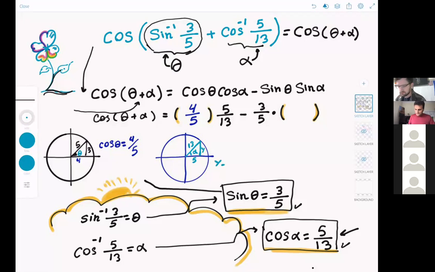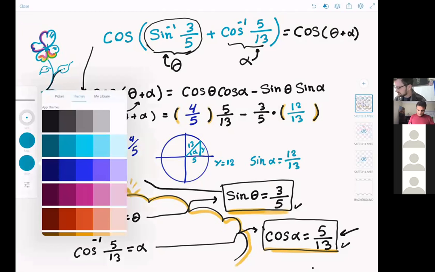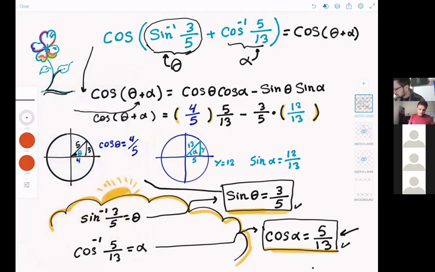If we use the Pythagorean theorem, it gets 12. 5, 12, 13 is the Pythagorean triple. So then sine of alpha will be 12/13. So I'm going to plug in 12/13. Then you take a break to color the flower, to just relax since you did so much good.